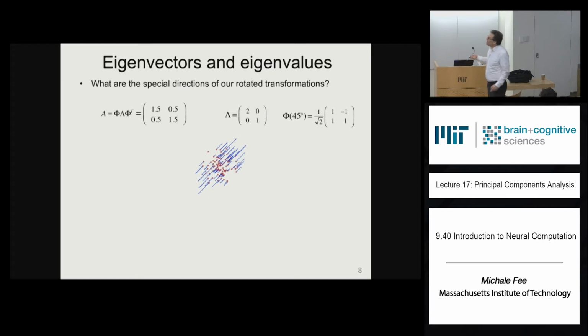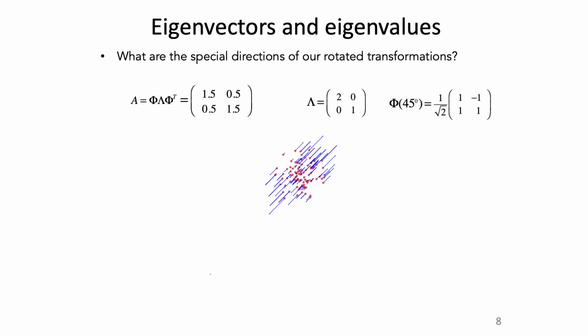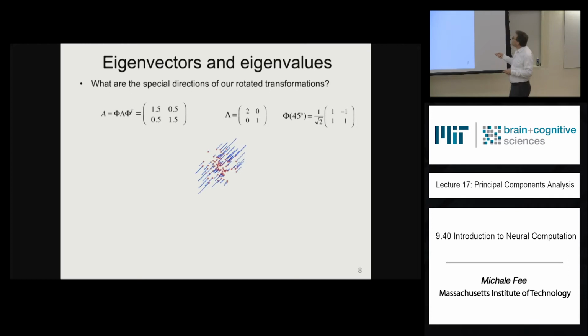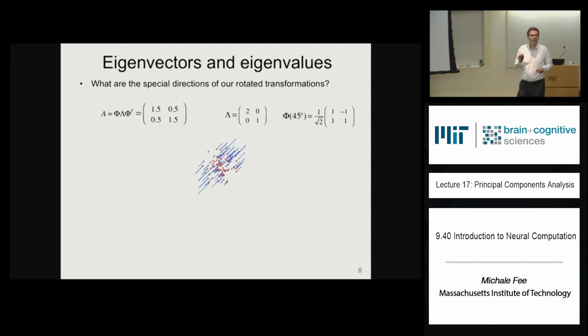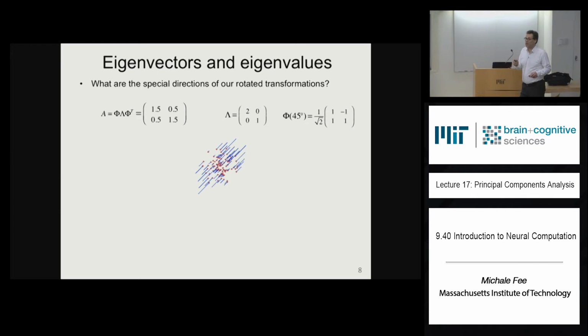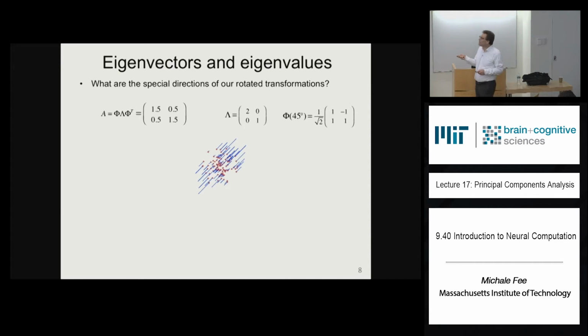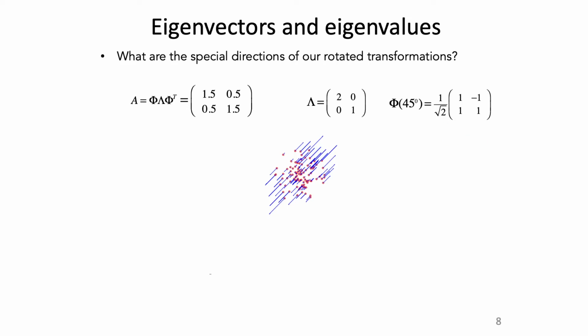Okay, so now let's take a look at a matrix that's a little more complicated than our diagonal matrix. Let's take one of these rotated stretch matrices. Remember, in the last class we built a matrix like this that produces a stretch of a factor of 2 along a 45-degree axis.